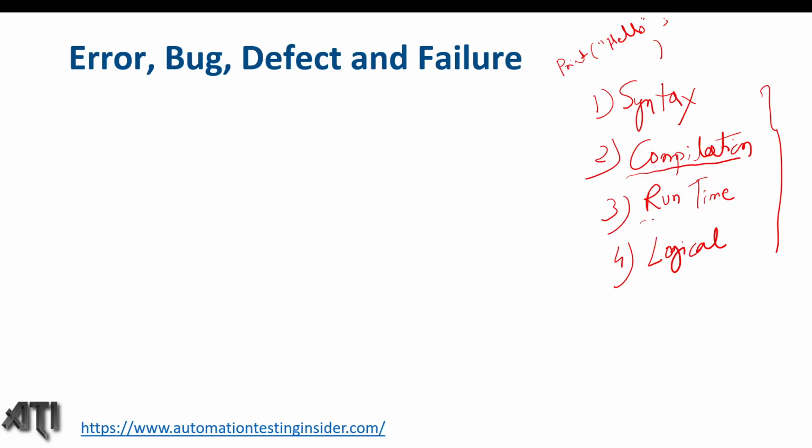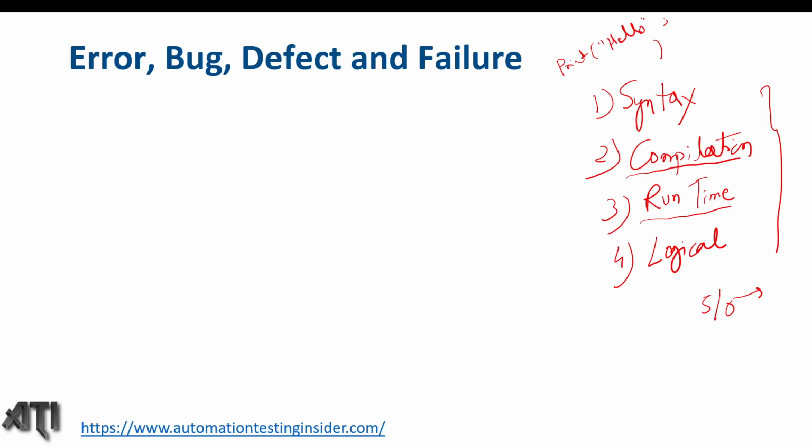If you talk about runtime, in runtime what happens is we are successfully able to compile the code, but we are not able to run the code because of a runtime error. What are the examples of runtime error, guys? Suppose we divide any number by 0, that leads to a runtime error. Another example could be, suppose we have given a reference to a missing file in our code, that leads to a runtime error.